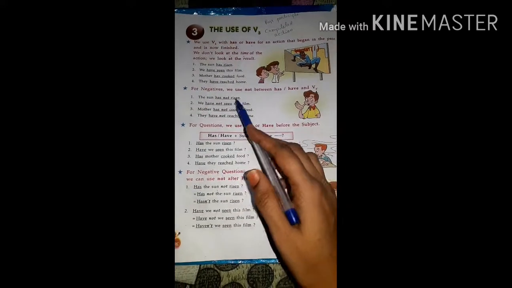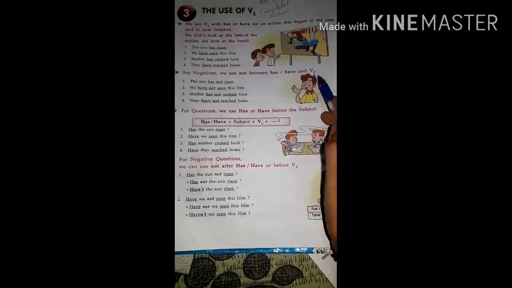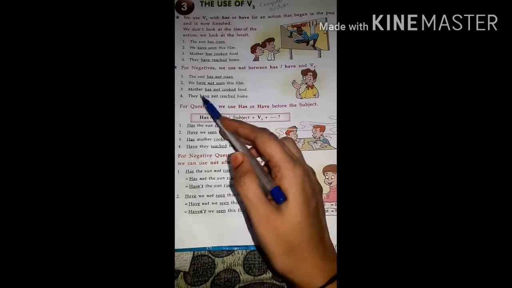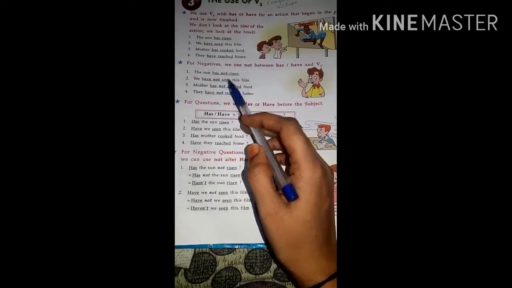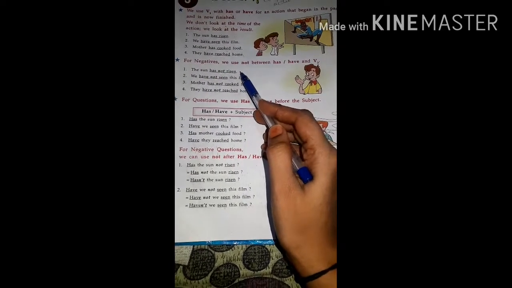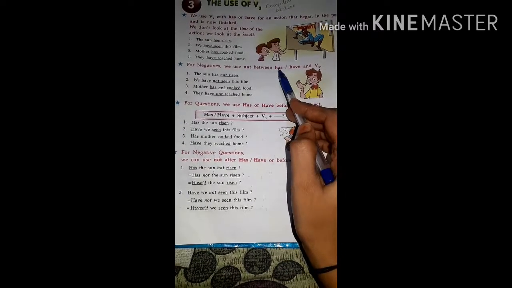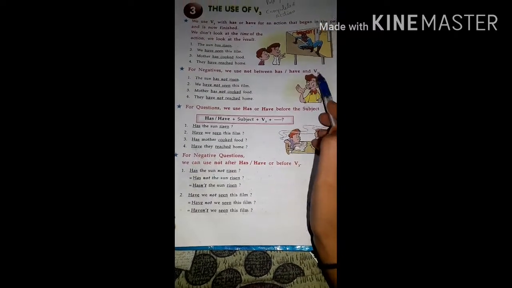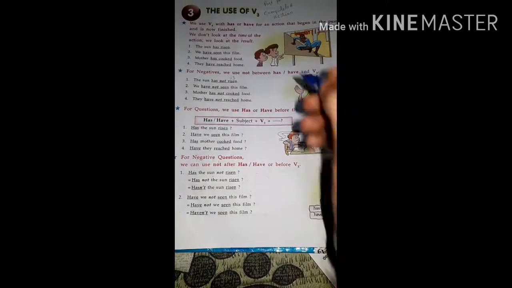For negatives, we use not between has or have and V3. These sentences are negative sentences. The sun has not risen. So they used the word not between has or have and V3. Risen is the V3 form of the verb.